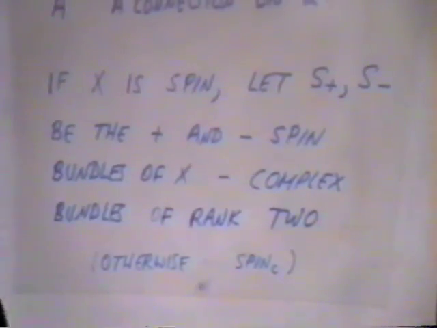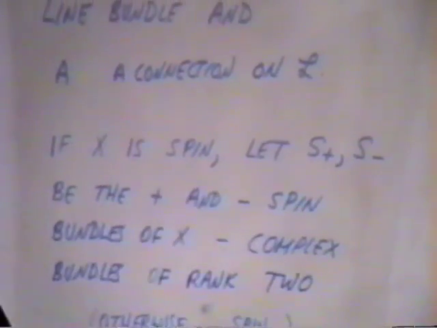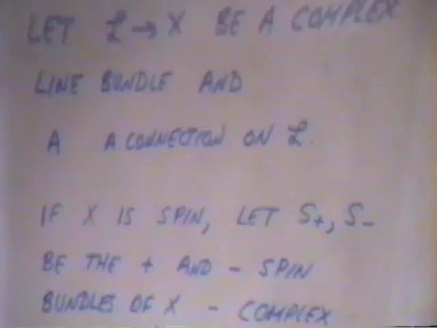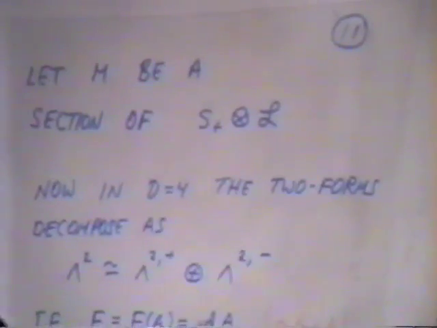If X isn't spin, then we combine the spin bundle and L into a spin C structure. But I think I will take the small liberty of not explaining that precisely right now. Then the data in the problem are a connection on L and the monopole field, which is a section of S plus tensored with L.